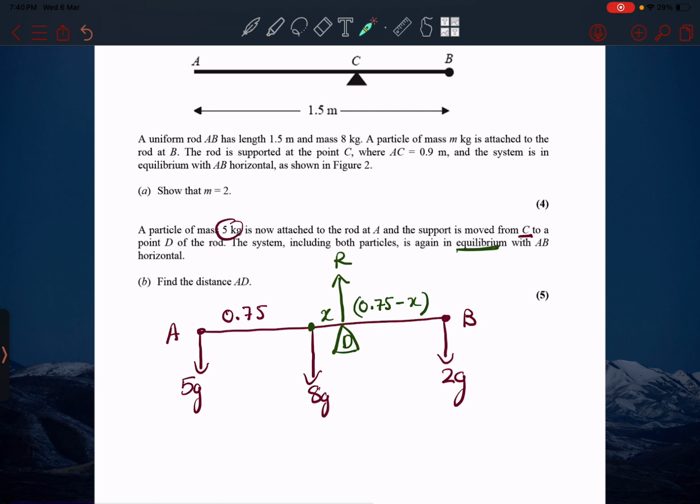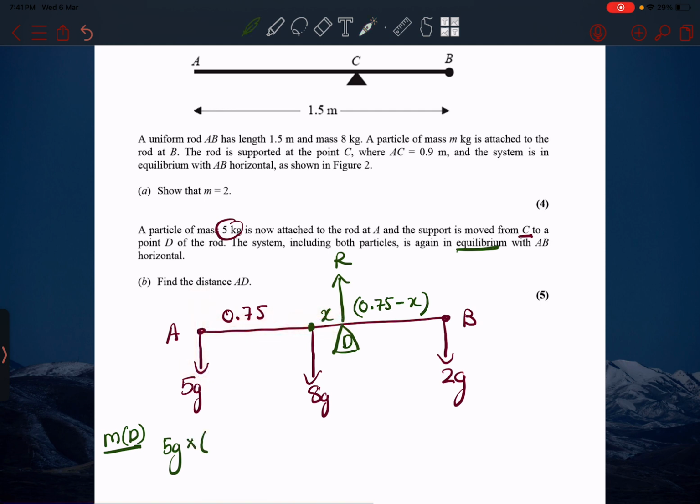Now ideally, I don't want to have two unknowns, so the best thing to do is get rid of this reaction force. So I'm going to take moments about the point D. The first force is the force at A, which is 5g, going down, or in the anti-clockwise direction. The perpendicular distance to the pivot point is 0.75 plus x.